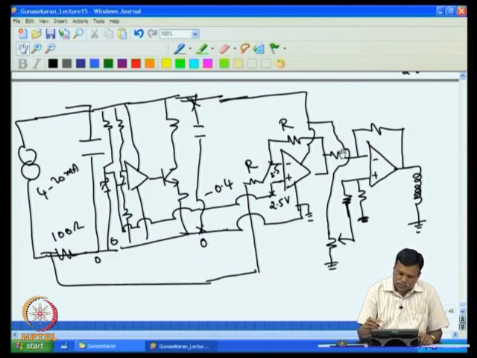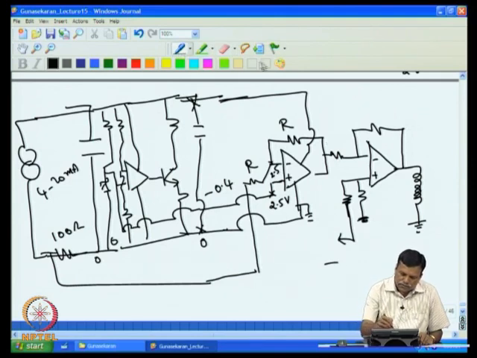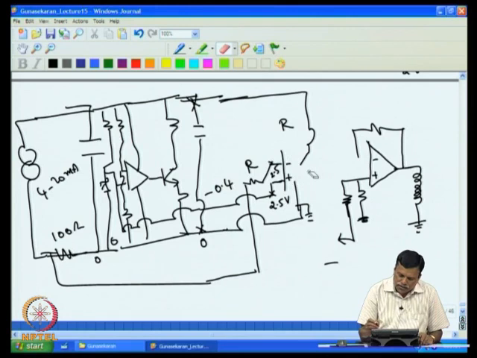For example, we can do it this way. So, okay, this got erased.